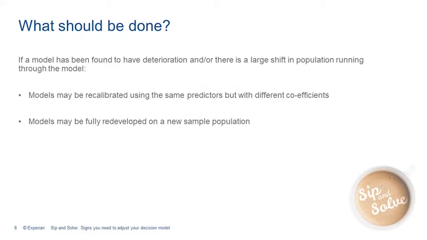So once you've gone through these assessments, if we go on to the next slide, what could be done about this, right? If you see that a model is not performing as you wanted it to perform or as it used to perform, what can you do? And this is something that we often do here, is if we notice that there's deterioration, we may recalibrate a model.